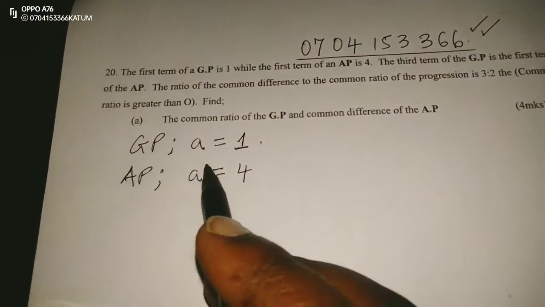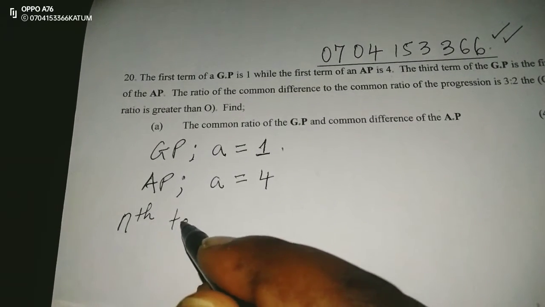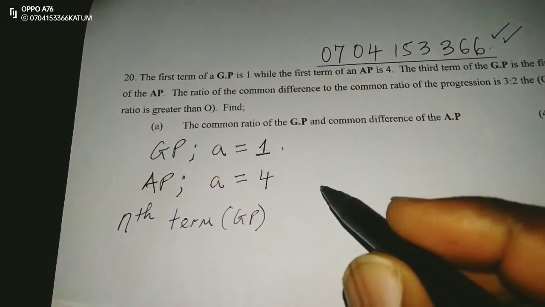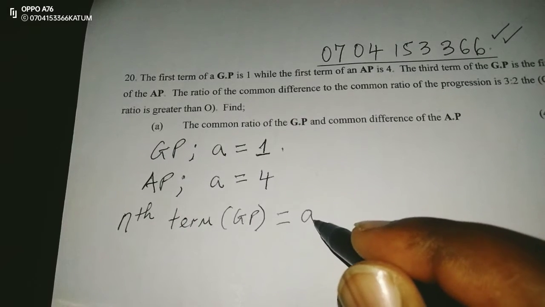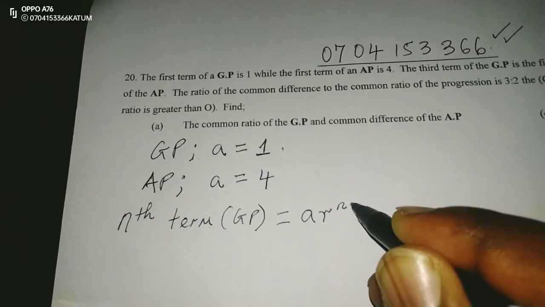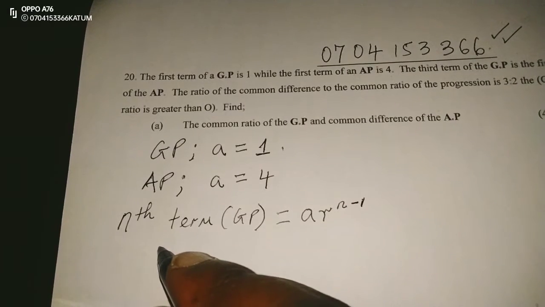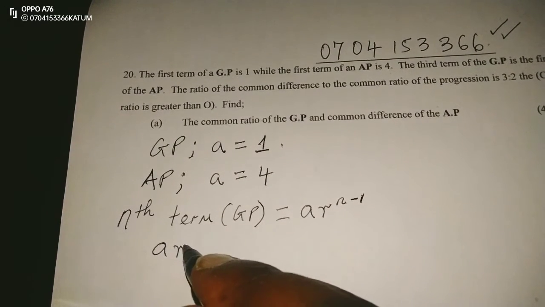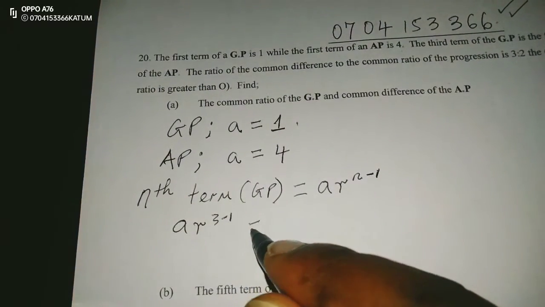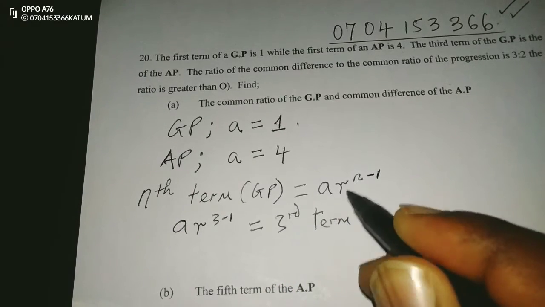So for the GP, the nth term for a geometric progression is usually given by the first term times the common ratio raised to n minus 1. That means the third term is going to be A r raised to 3 minus 1, because n is 3.